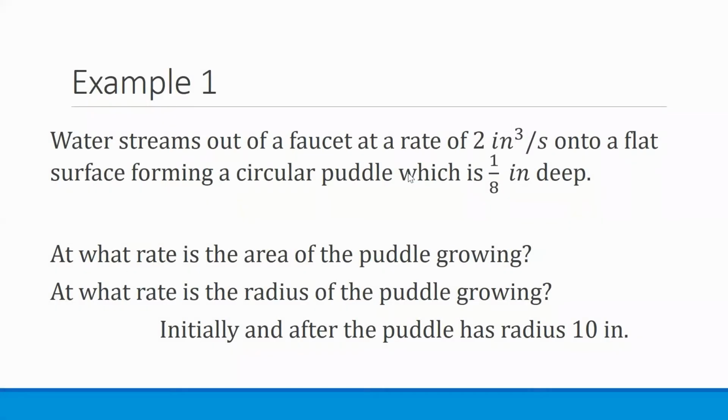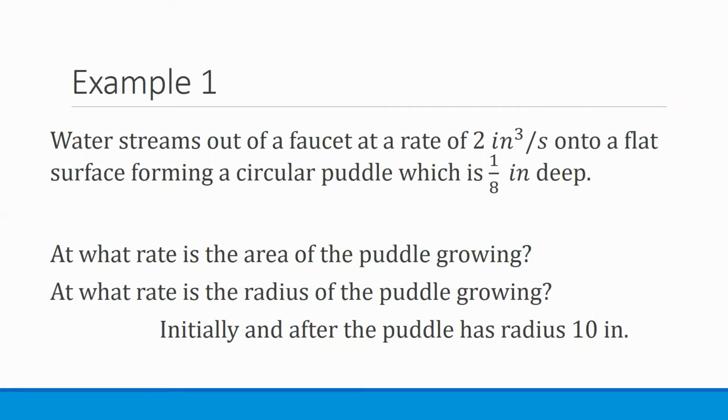Let's do another example. Let's take example 1 here. Try to follow along. Water streams out of a faucet at a rate of 2 cubic inches per second onto a flat surface, forming a circular puddle which is 1/8 of an inch deep.